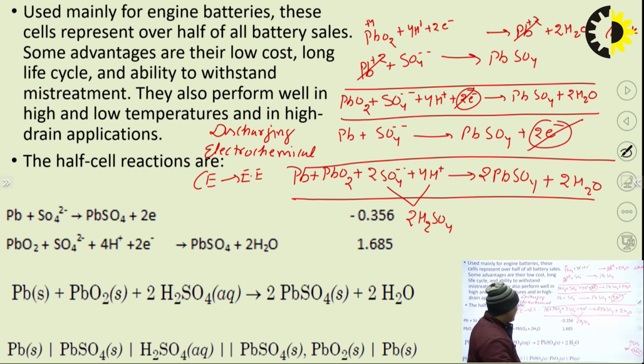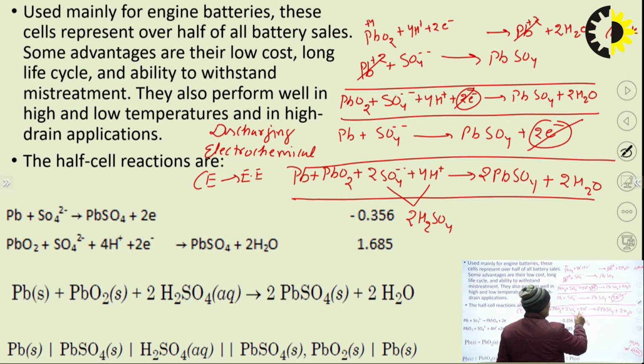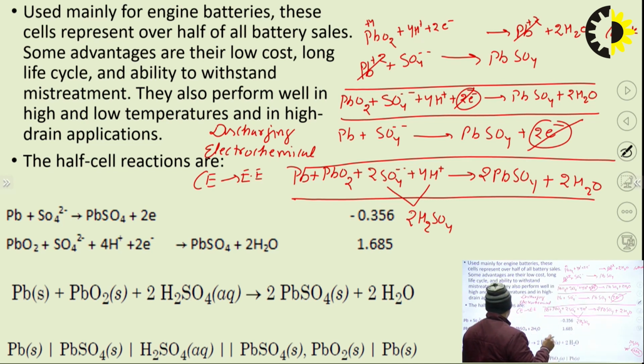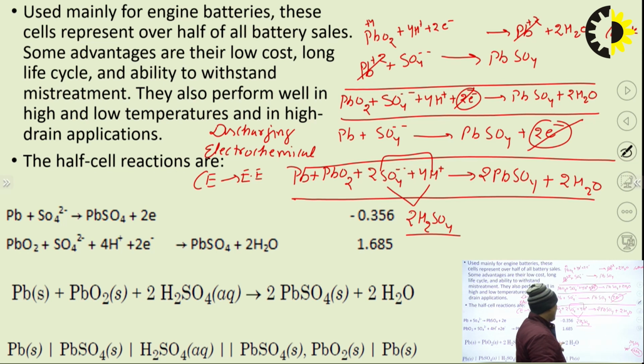So during discharging, the reaction will become Pb plus PbO2 plus 2SO4 plus 4H ion forms 2 PbSO4 plus 2H2O, or it can be written as Pb solid, PbO2 solid, 2H2SO4 aqueous, it will form 2 PbSO4 solid and water. In this way, the discharging reaction is going on.